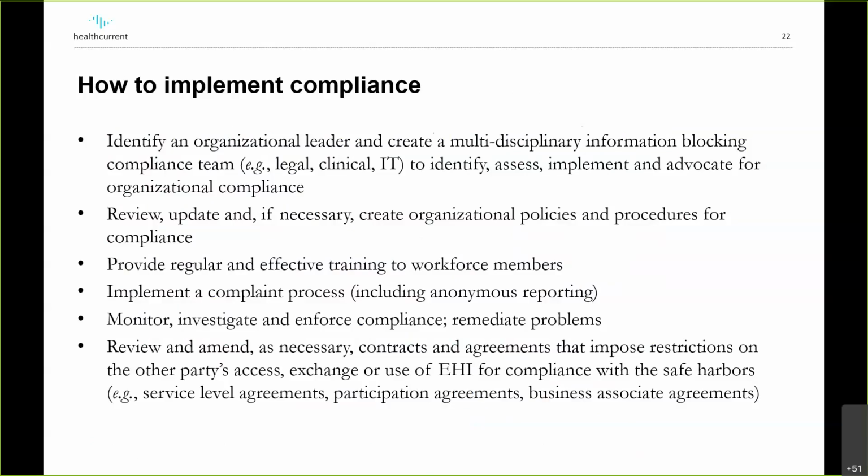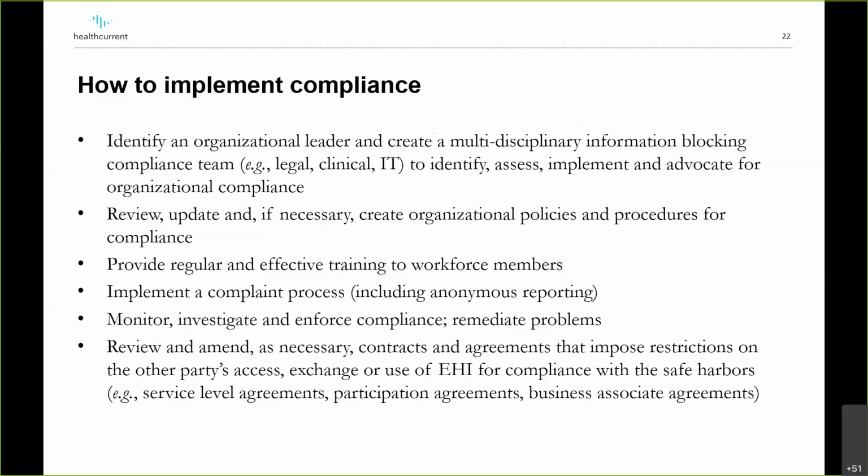On this last slide, we've given you some ideas about how to implement compliance for your organization. It's important to do this now because the compliance date is November 2nd, and it's going to take time to identify your practices that might implicate this rule and figure out what you need to do to change those practices or update your policies and procedures so you can qualify for these safe harbors that we've talked about. So my suggestion is get your team together.